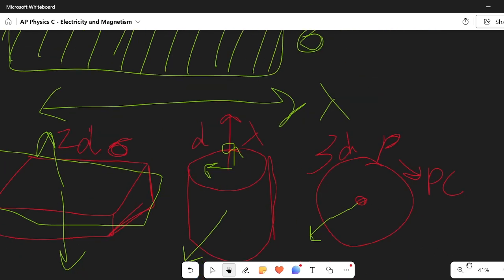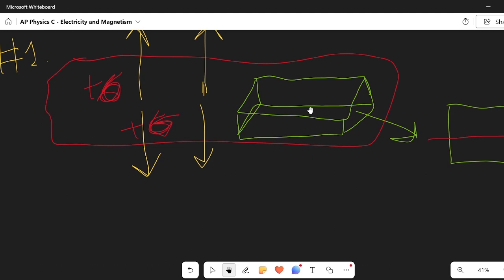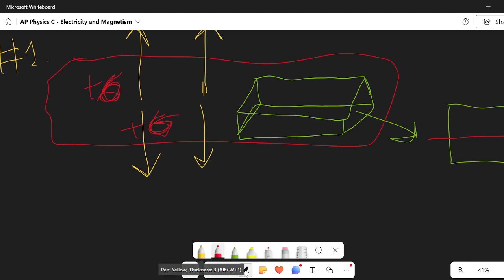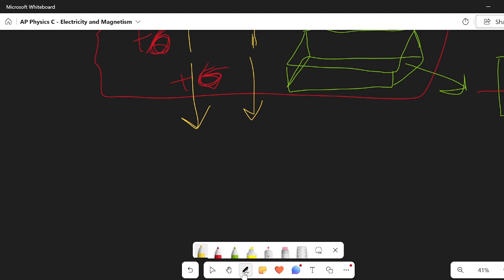The electric flux of the Gaussian box is essentially the number of bullets piercing through it. Because different sides will have different numbers of bullets piercing through them, we'll split the flux up.